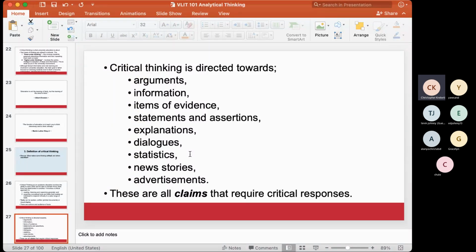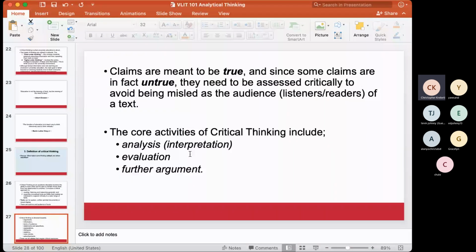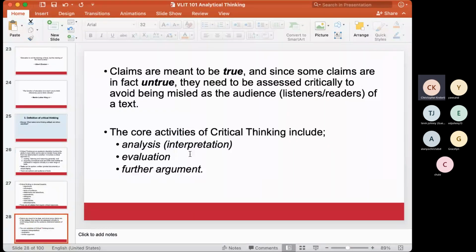You need to examine them. If you don't do that, you'll be misled. Because if a person uses an untrue statement and directs it to you, the reason the person uses it is basically to mislead you. And so if you are not thinking critically, you'll be misled.